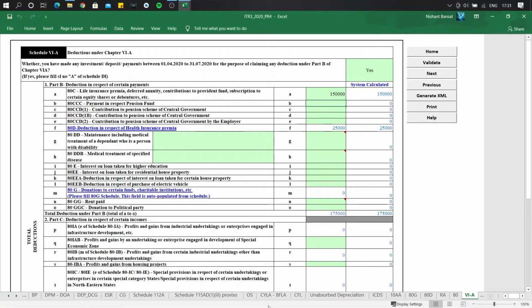So now we have spent 10,000 on new pension scheme as well. So new pension scheme comes under section CCD. Amount is 10,000. So it is CCD 1, 10,000.